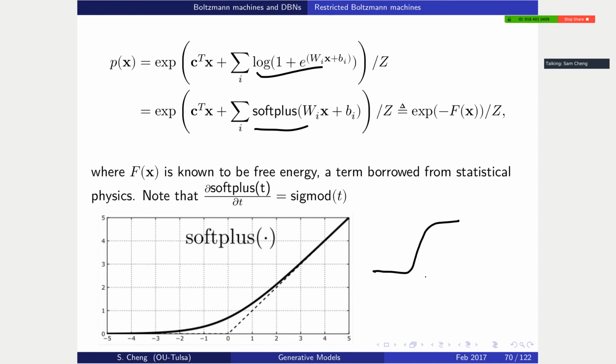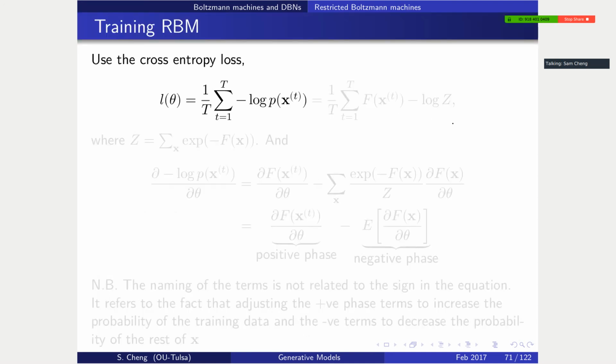If you take the derivative of this softplus function, you should get the sigmoid function. And also, this entire term here, typically people call it the free energy, using an expression like minus F(x).